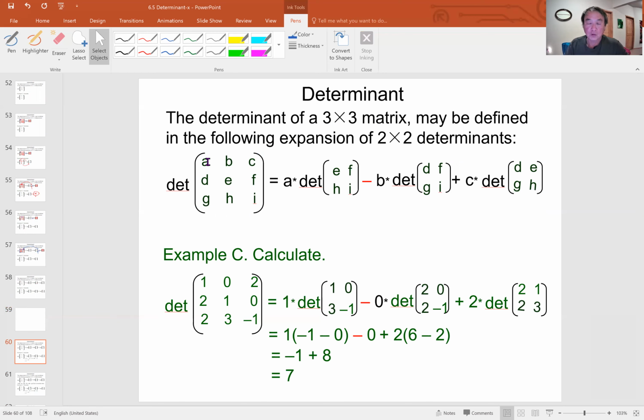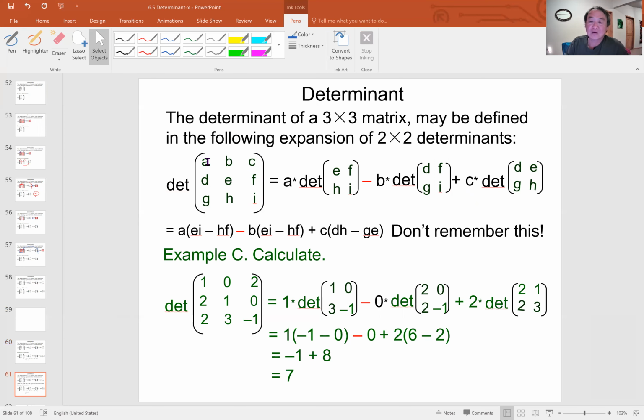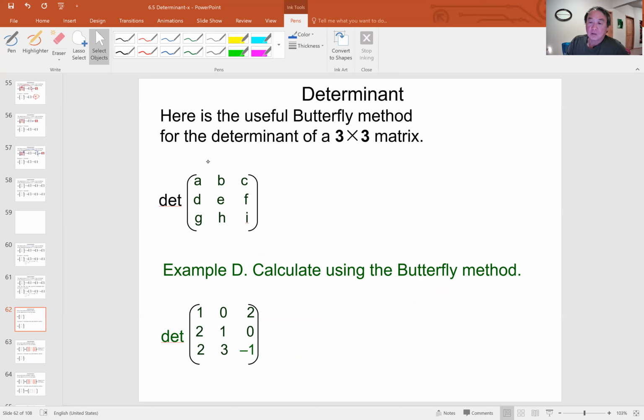Okay. So the determinant of this is 7. This method of doing that we say is expansion by the first row, because we use the first row A, B, C to put into 2 by 2 determinants, expanding it into 2 by 2.